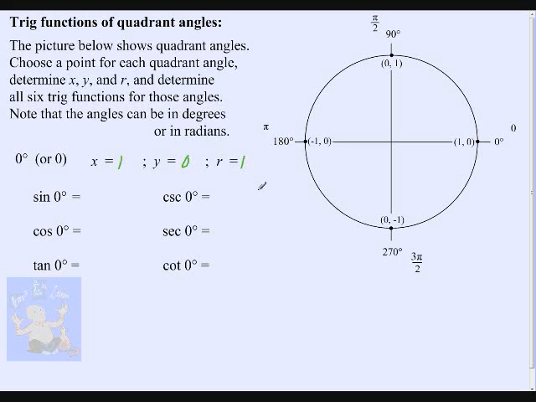These are nice. So the sine of 0 degrees, y over r, 0 over 1, is 0. Cosine of 0 degrees, that's going to be 1 over 1.